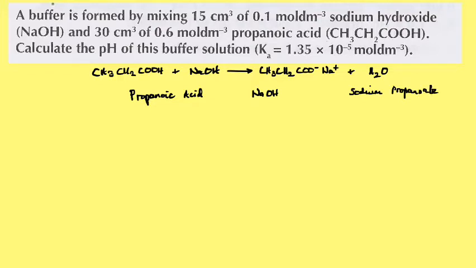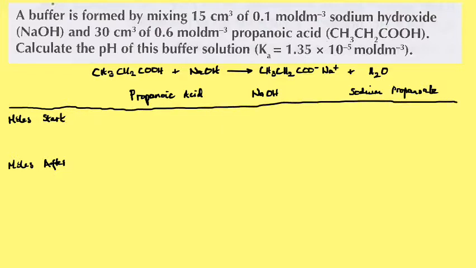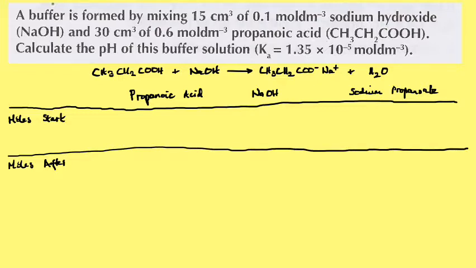Okay, and we want the moles at the start of the neutralization, and we also want the moles after neutralization. And if we put that in a little table and build it up, then you'll see the logic of it as we go along. Okay, so I think that'll do.